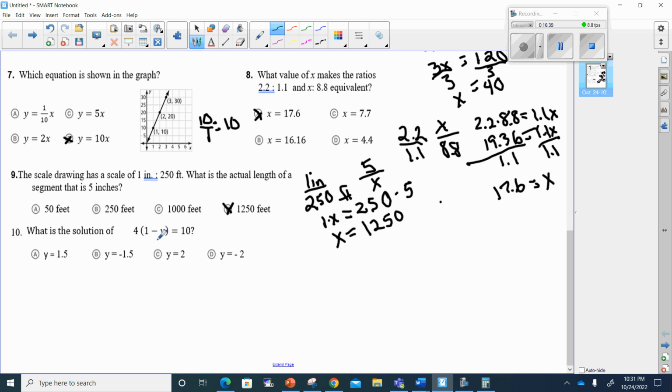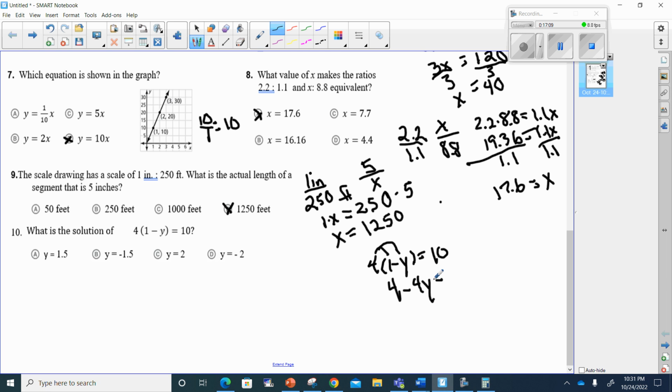All right, we are down to number 10. What is the solution for 4 times 1 minus y equals 10? I'm going to write that one over here. 4 times 1 minus y equals 10. I've got to distribute first. I know that 4 times 1 is 4, and 4 times negative y will be negative 4y.